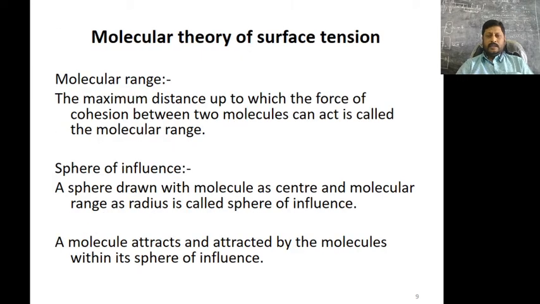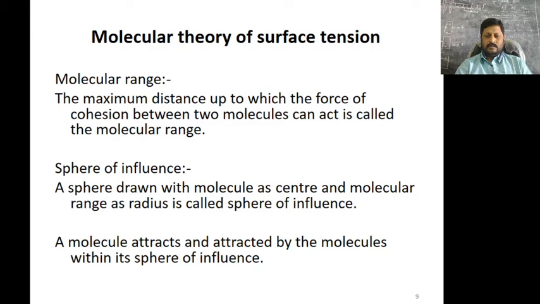To explain the molecular theory of surface tension: surface tension can be explained by a theory called the molecular theory of surface tension. To understand it, we need some definitions like molecular range and sphere of influence.